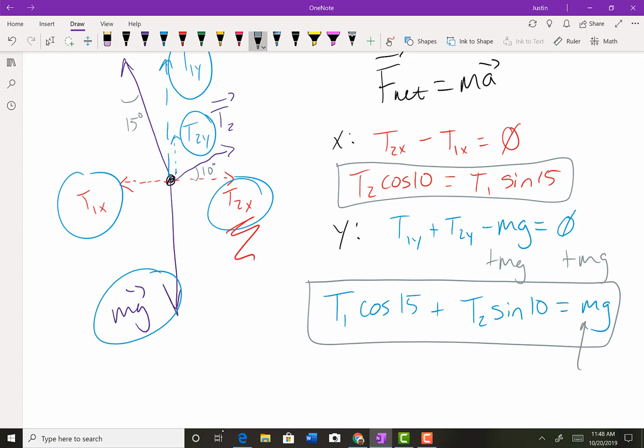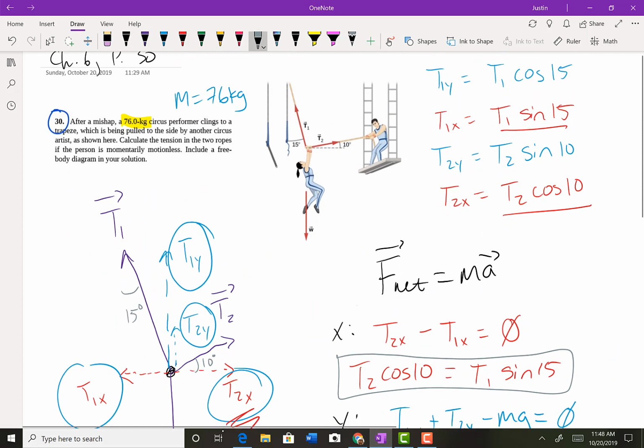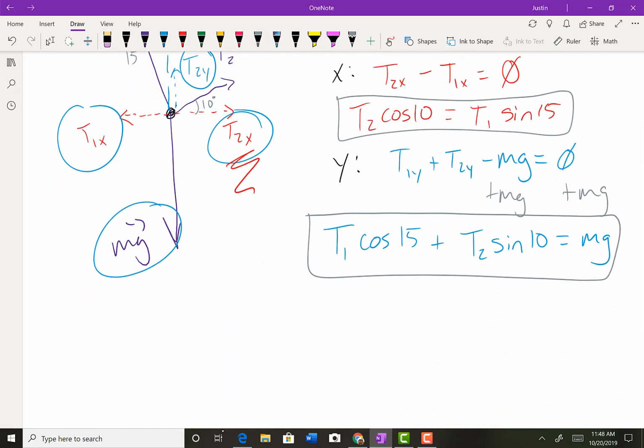I know the mass they gave me for the trapeze artist is 76 kilograms, and I know baby g I'm going to approximate to 10. That means all I really have is two unknowns, T1 and T2. So I've got two unknowns, two equations. I'm going to need to use some sort of elimination or substitution method to solve.